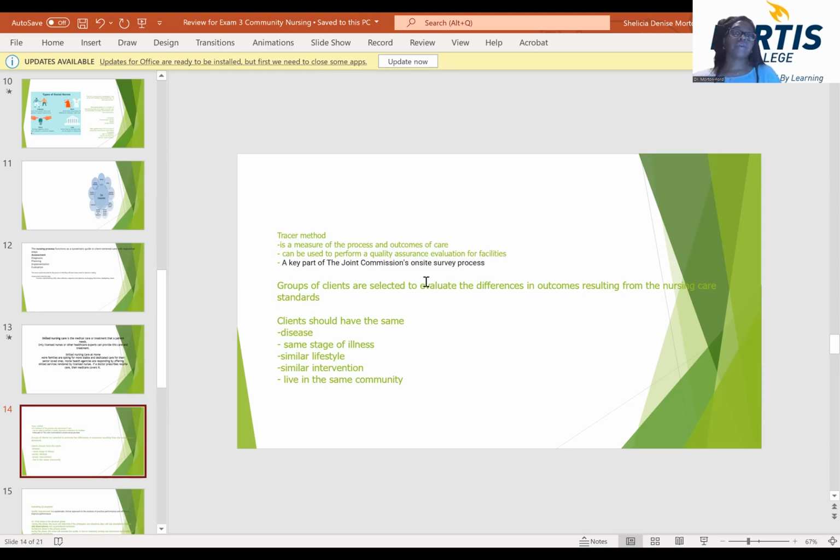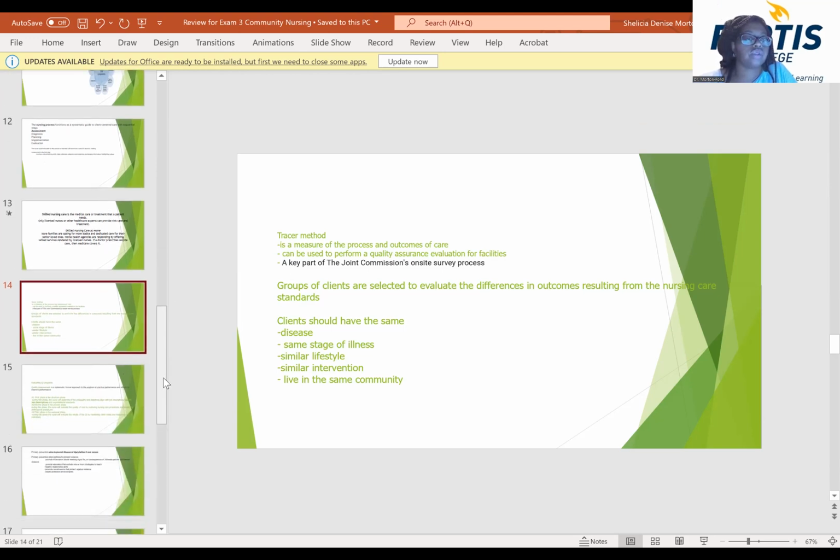So if you're using the tracing method to decide whether or not your outcomes are effective, you want to make sure that you are comparing oranges to oranges, so to speak. So you want to make sure the client has the same disease and also is in the same stage of that disease, similar lifestyle, similar intervention, and then they live in the same community. So the tracing method is a popular method that is used.